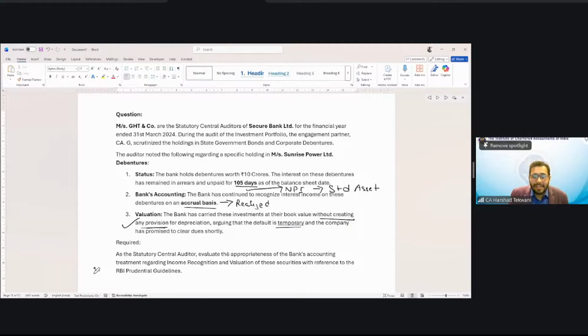Provision is necessary either at the rate of 15% or, if any specific category, then at that particular percentage. Clear? Any doubt? Yes, sir. Clear, sir.